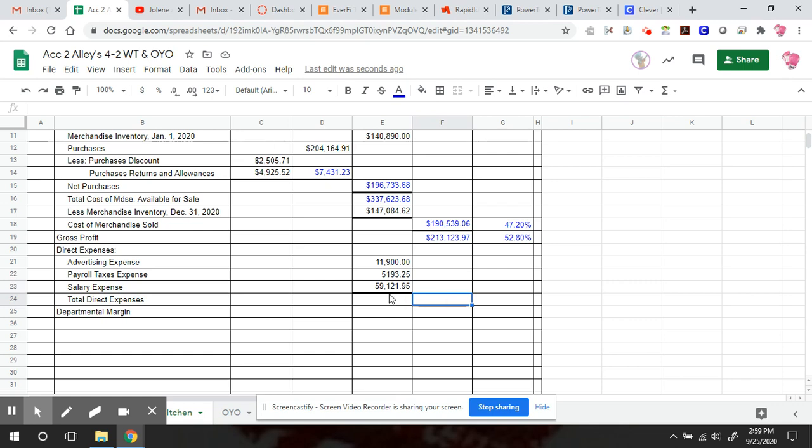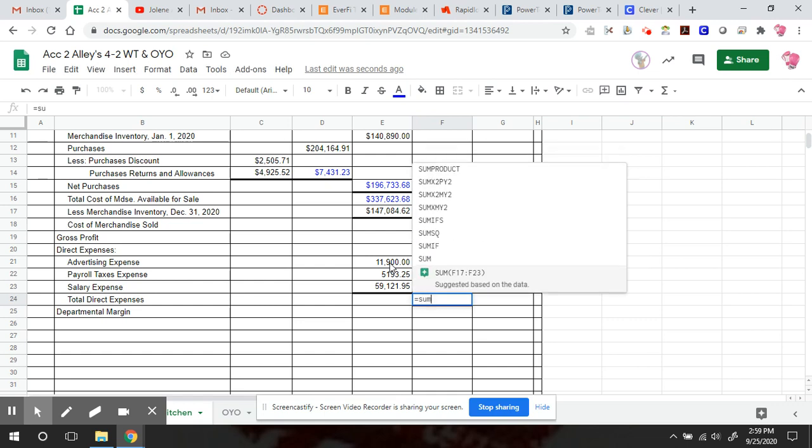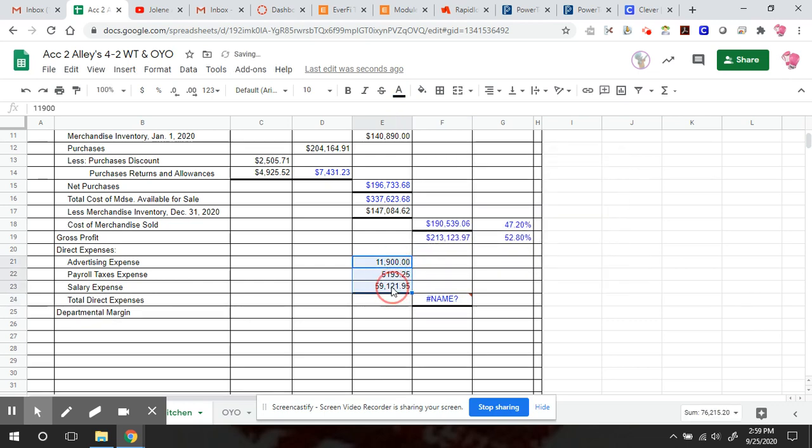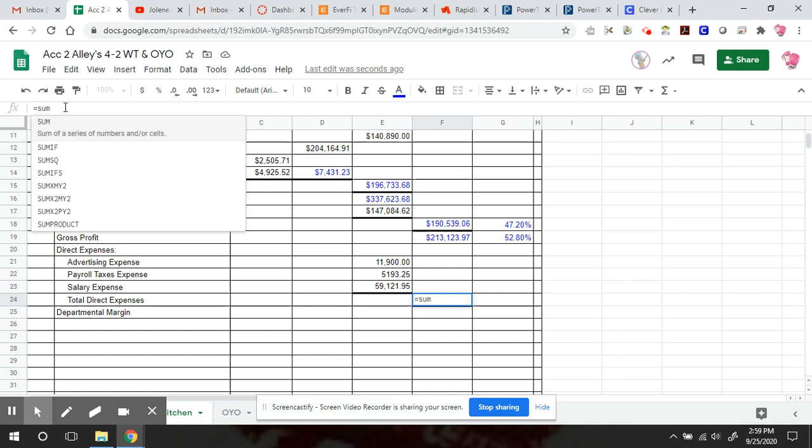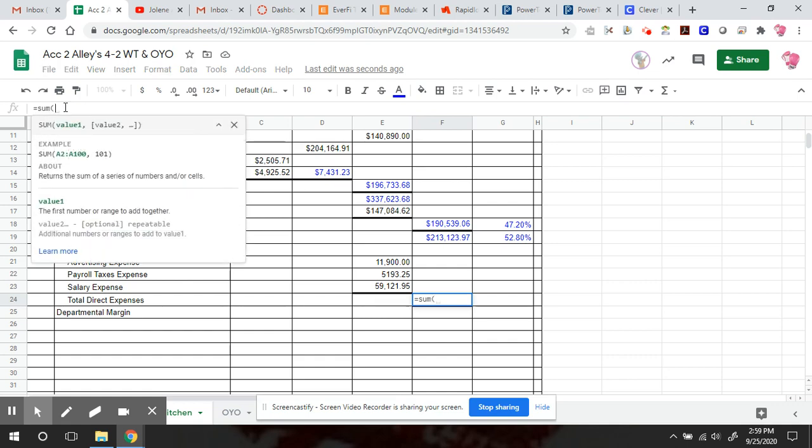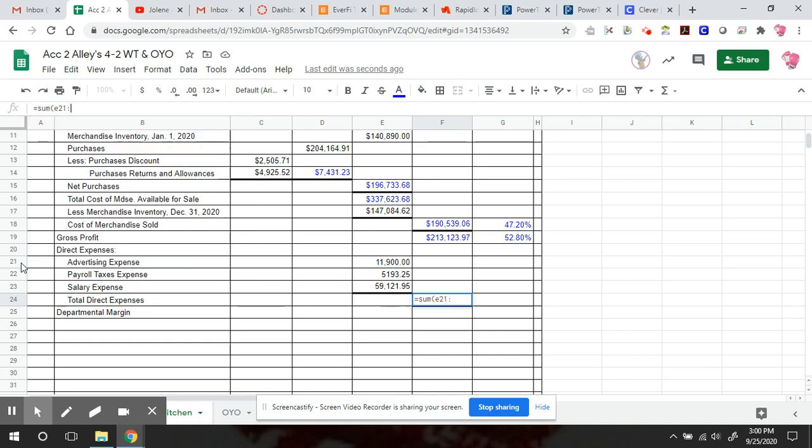So here, I need to add these three because it does say total, and total means add. So I'm going to type equals sum, and I'm going to click and drag. Oh, it didn't work for me. All right, so it's E21, a colon, and E23.